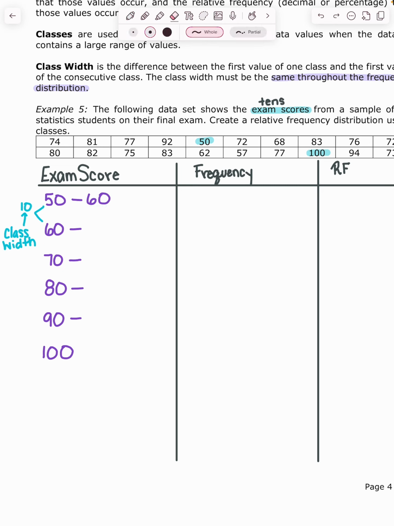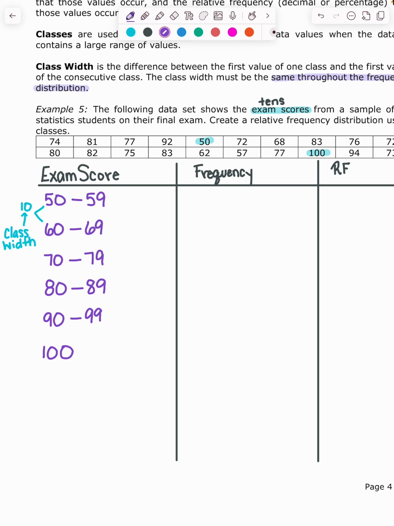So what I want to do instead is go one less than the first number in the next row. So this is going to be all of the scores from 50 to 59. And then the next row is 60 to 69, 70 to 79, 80 to 89. And hopefully you can see that now we have a pattern going.